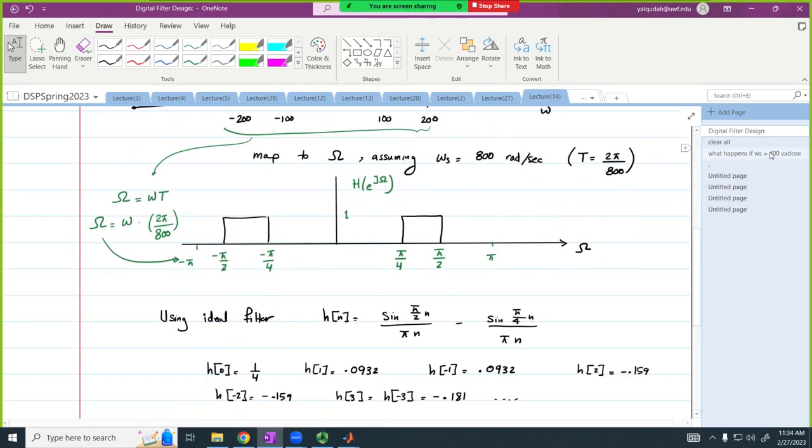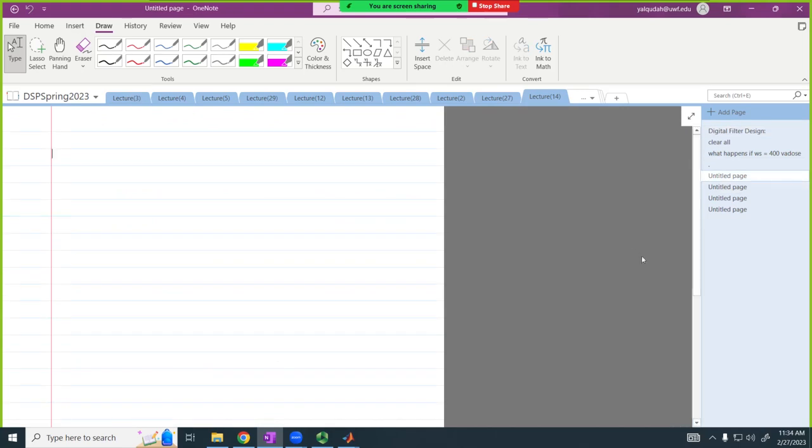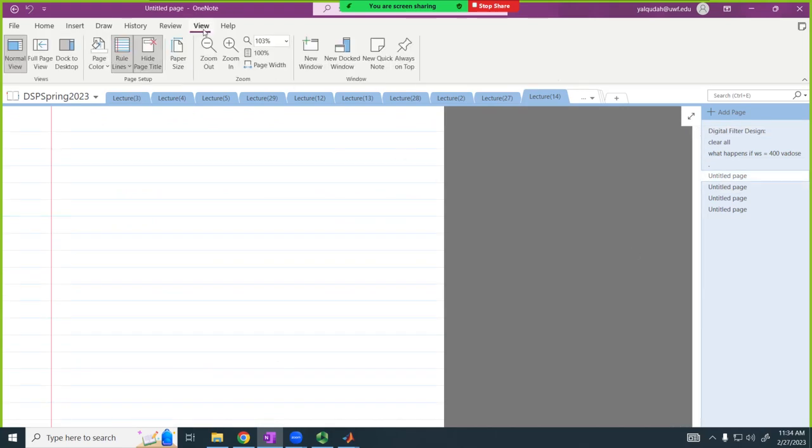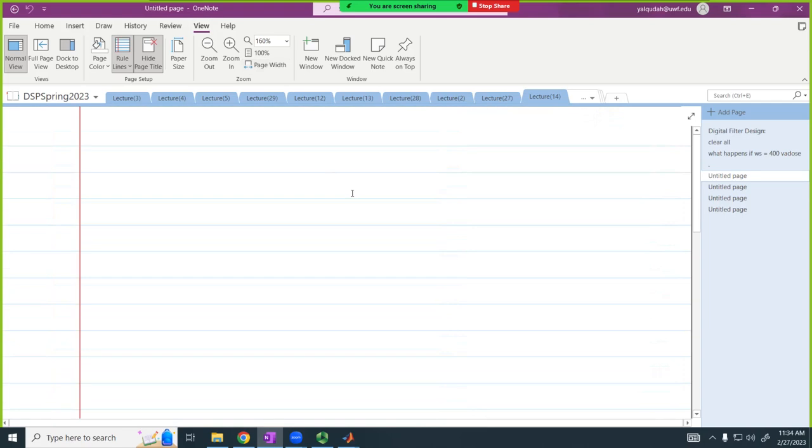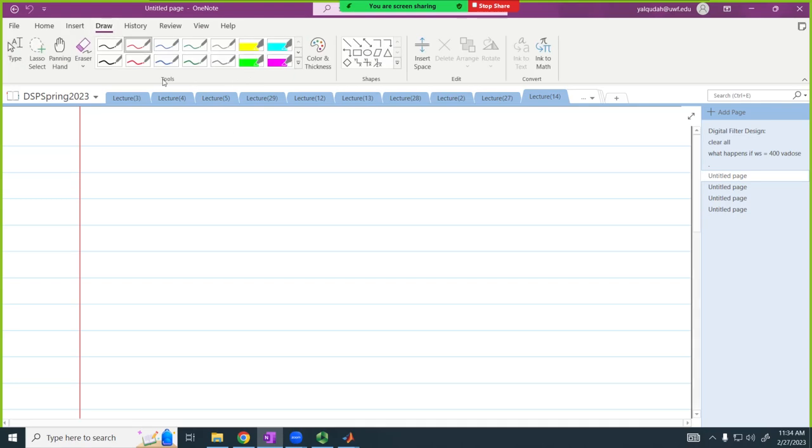Okay. So let's look at the first filter group that we're going to be designing, which are the IIR filters. IIR: Infinite Impulse Response, recursive filter design. And we're going to be looking at three design methods.